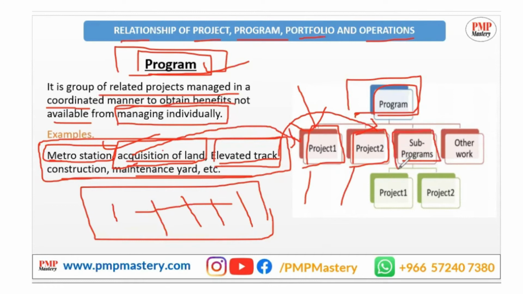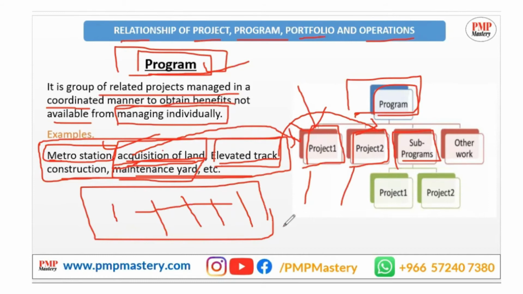Then for the maintenance yard, you thought about it: this is not one to ten. It may be 5,000, one every 2 kilometers. We need a maintenance yard. That's the requirement from the client, and that is what you have to do.